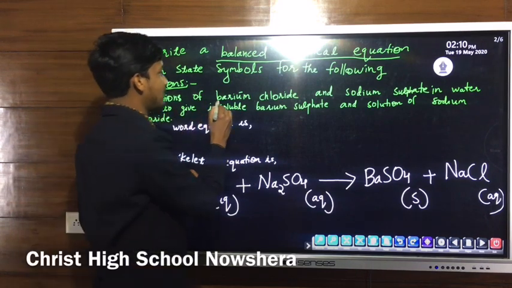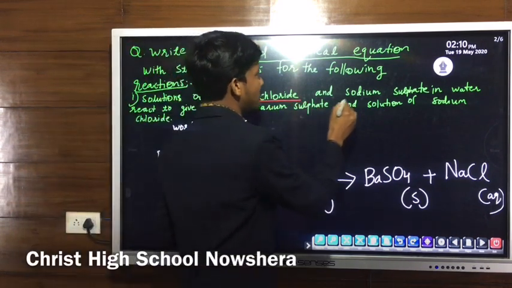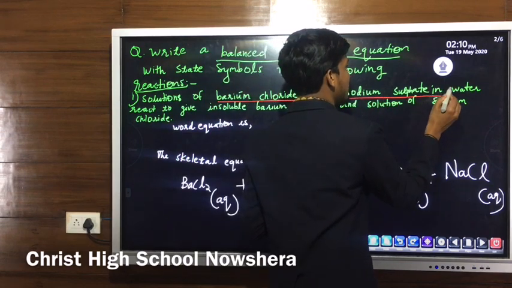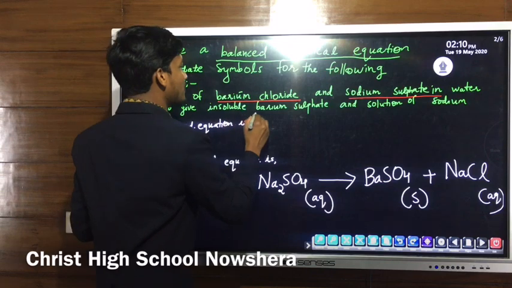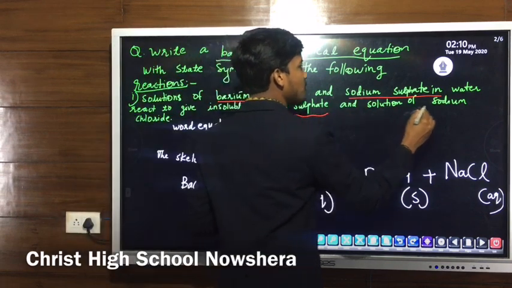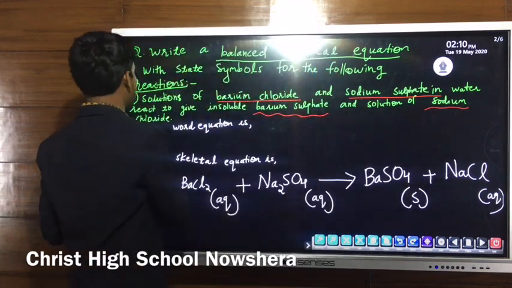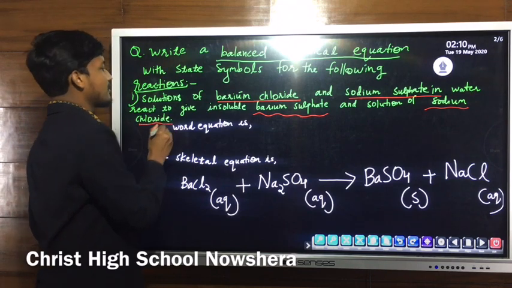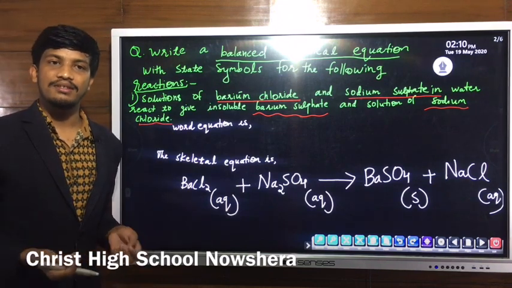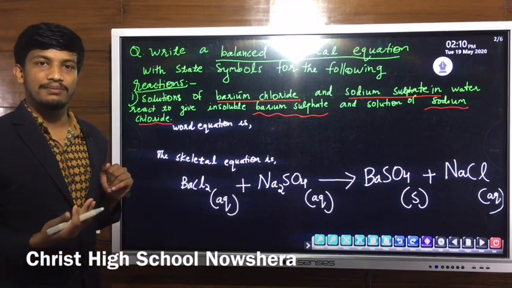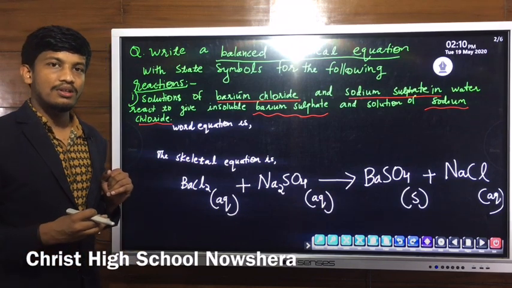Solutions of barium chloride and sodium sulfate in water react to give insoluble barium sulfate and solution of sodium chloride. This is the reaction. We have to convert this reaction into the form of a balanced chemical equation.